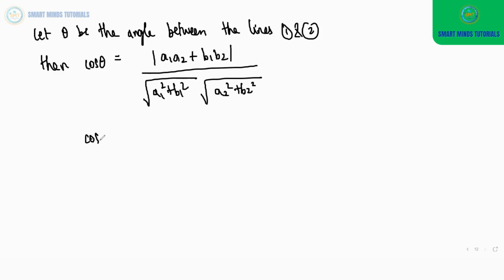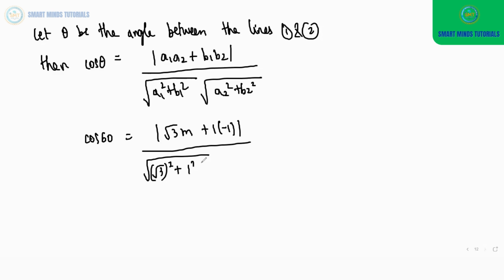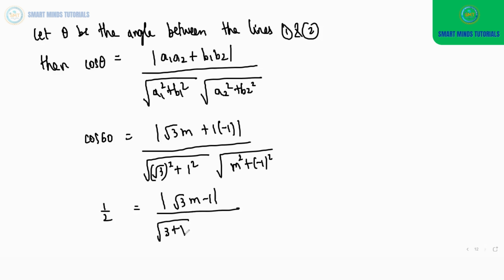So theta is 60. So we get cos 60 is equal to mod root 3m plus 1 into minus 1 by root over root 3 whole square plus 1 square into root over m square plus minus 1 square. So that is cos 60 is 1 by 2, mod root 3m minus 1 by root over 3 plus 1 into root over m square plus 1.